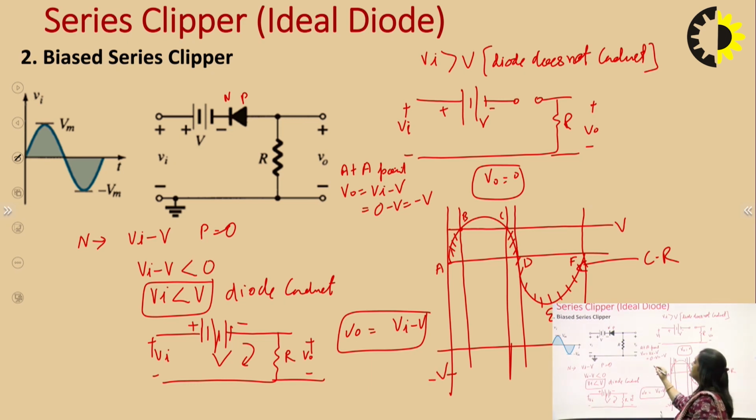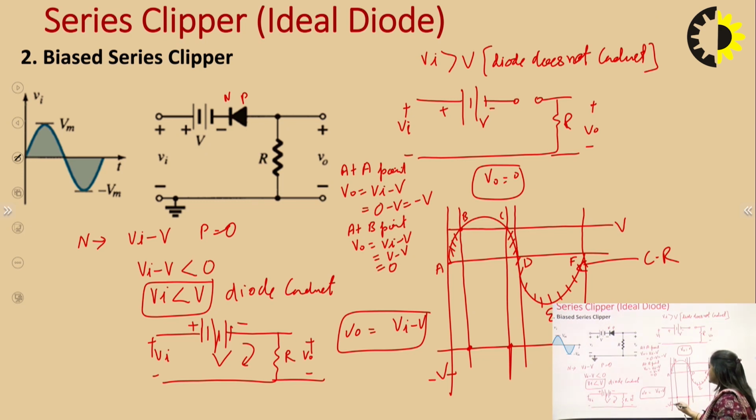And at B point, output would be equal to Vi minus V. And here the value of Vi at B point is equal to V. So V minus V would be equal to 0. So here this point would be equal to 0. Similarly, at C point it would be equal to 0.